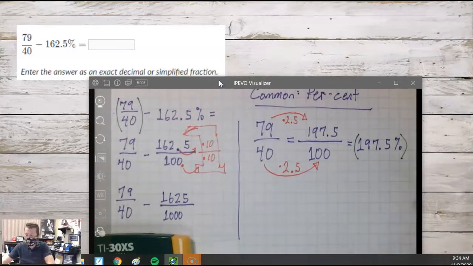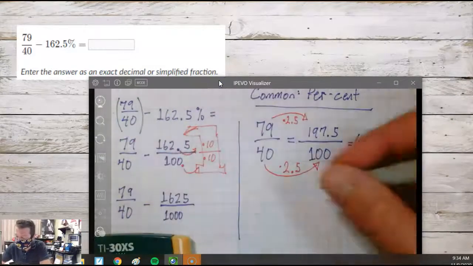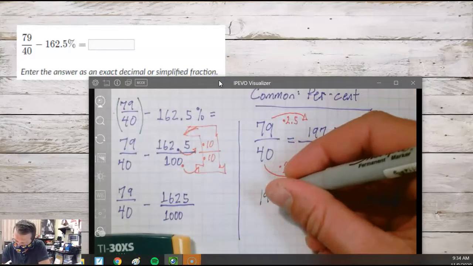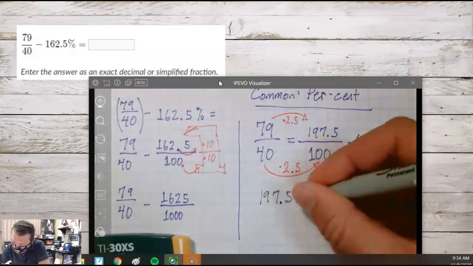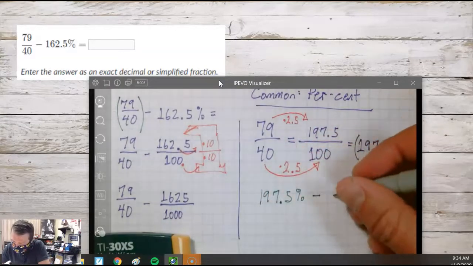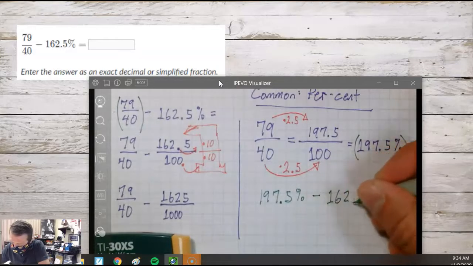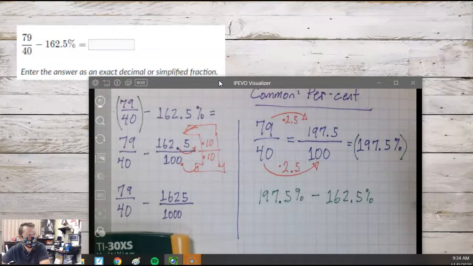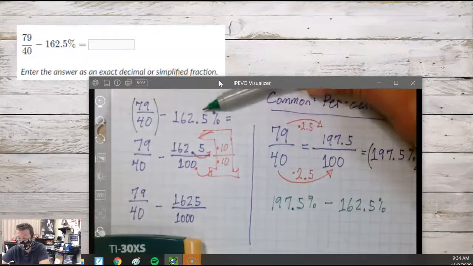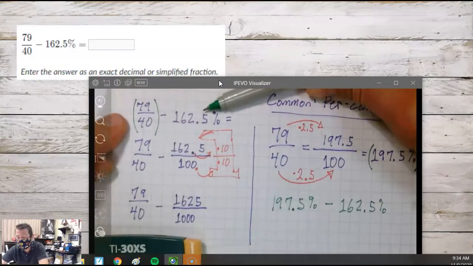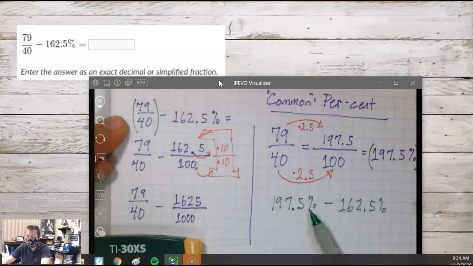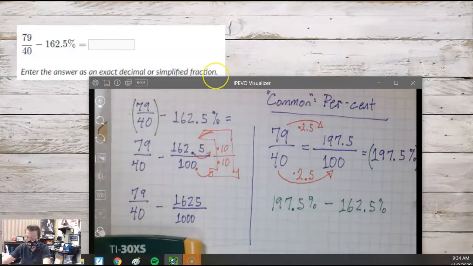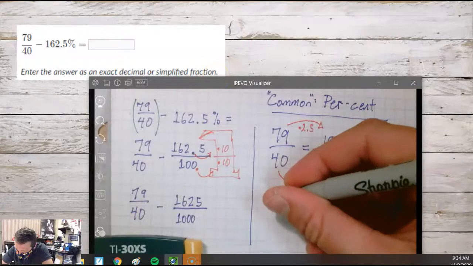So instead of 79/40ths, we're going to say 197.5% minus 162.5%. This is the same problem. I just replaced 79/40ths with my percent value.